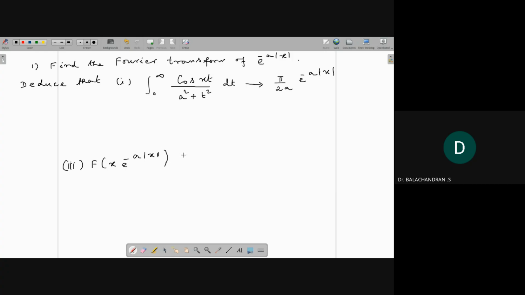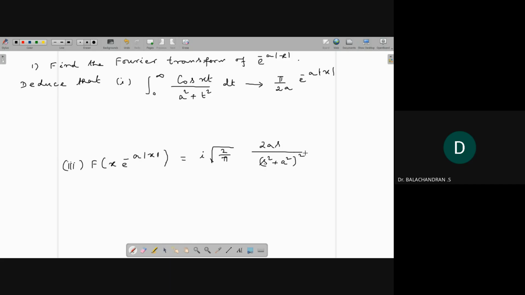You need to prove this is equal to i into root 2 by pi, into 2as by (s square plus a square) whole square. This is subdivision number 3.